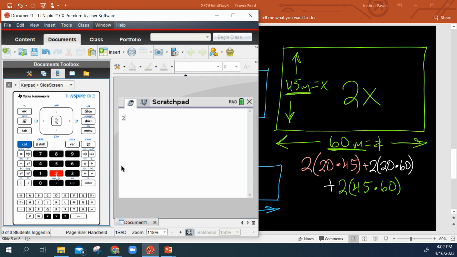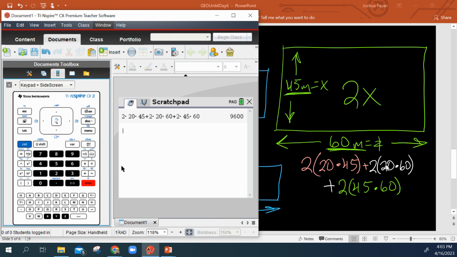Okay, so two of the 20 by 45, added to two more surfaces that are 20 by 60, and added to two more surfaces that are 45 by 60.